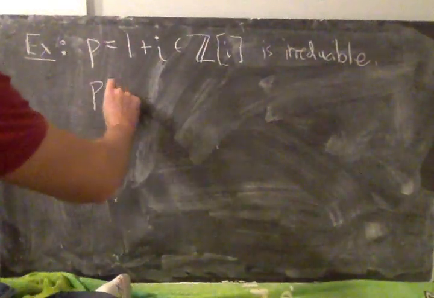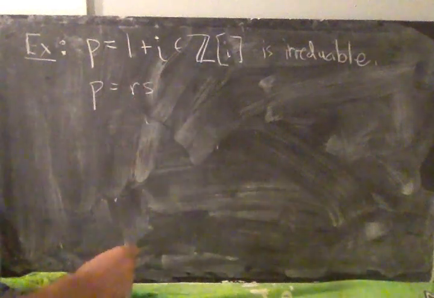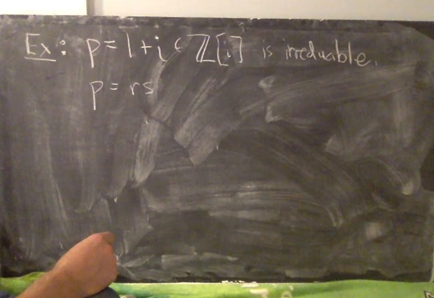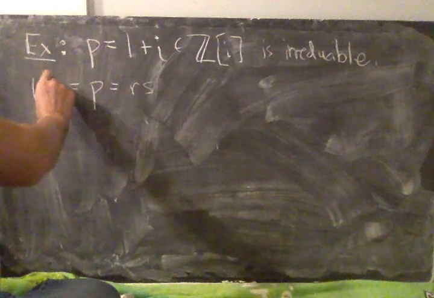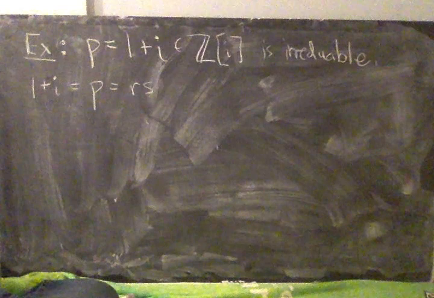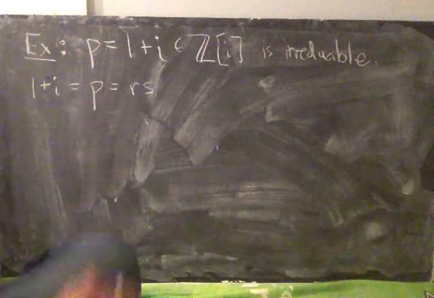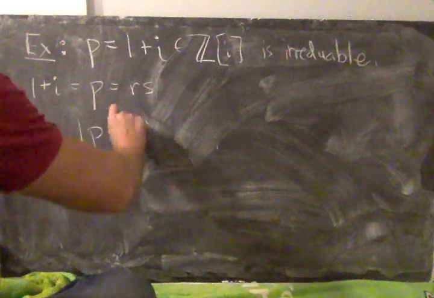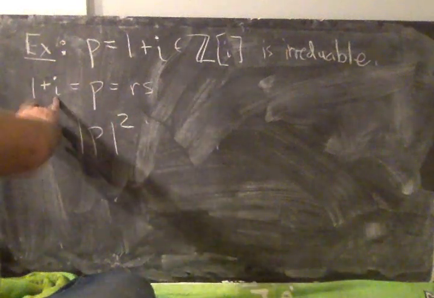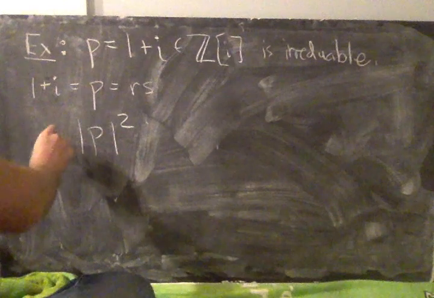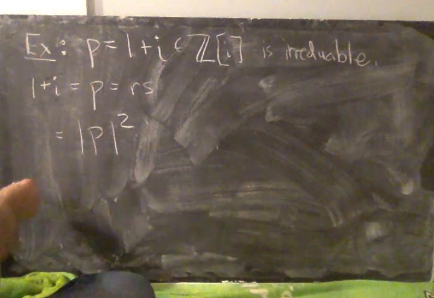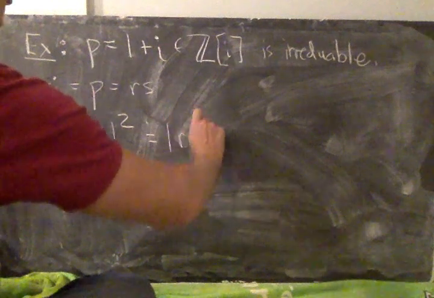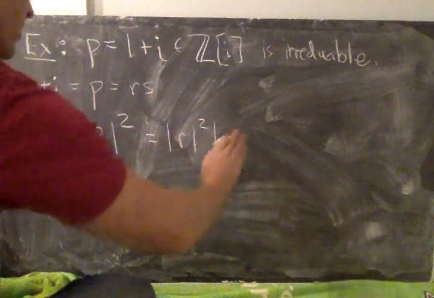So if p is equal to r times s, where p is 1 plus i, what I'm going to do is again use the norm function, norm squared. So norm squared of p is the norm squared of 1 plus i, right? So you have 1 plus 1 times i. So that's 1 squared plus 1 squared, so that's 2.